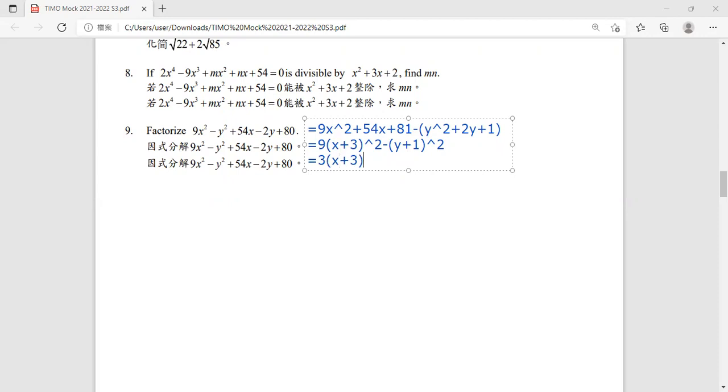So the first one is here, and the second one is something like this. After you simplify, just that simple.